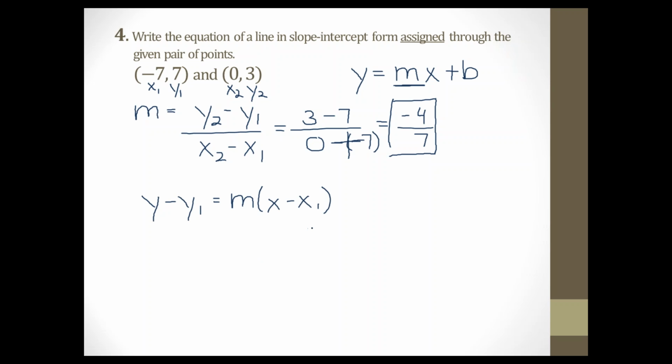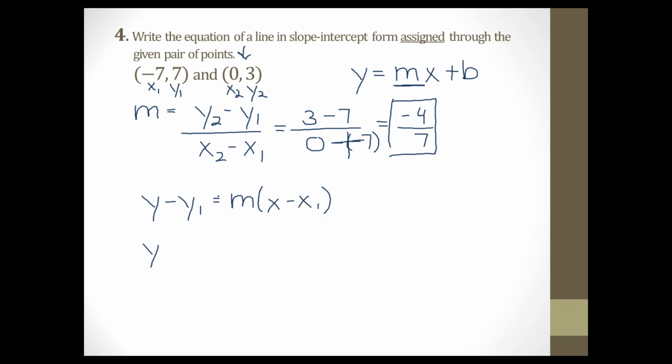And I can use this form of an equation to plug in one of these points, and I'm going to pick the second point just for the reason it looks simpler for me and I don't have to deal with negative signs. But either one of these points would give you the correct answer, but I'm just going to choose the second one. And then I have my slope, so I'm going to plug all this into my equation.